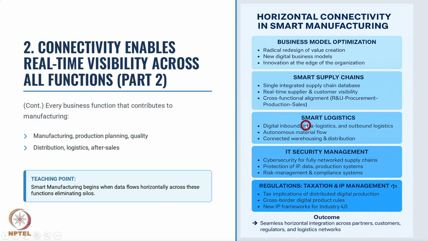Companies establishing the smart factory are well aware that they must horizontally connect their logistics, supply chain and IT security management, because IT security management is applicable to all systems horizontally. Otherwise, if there is a problem in one of the systems, the entire system will stop functioning.